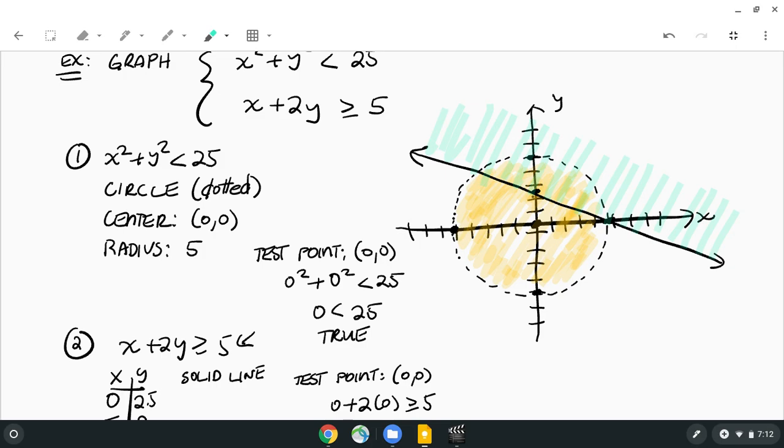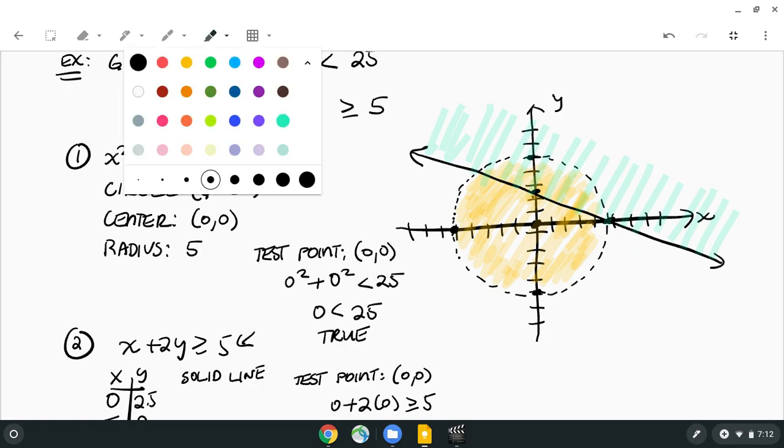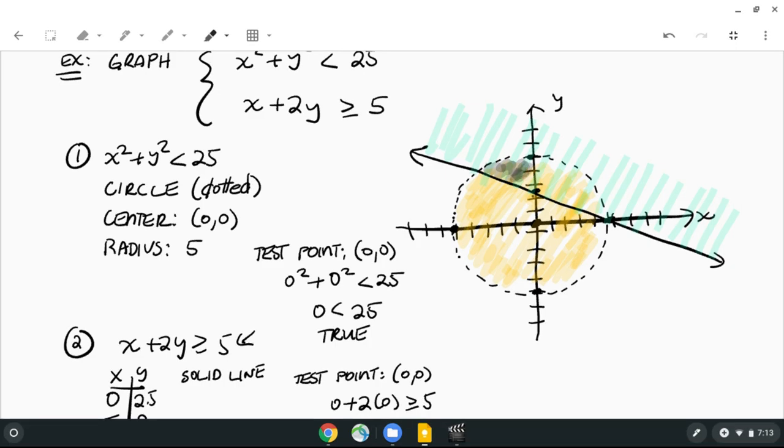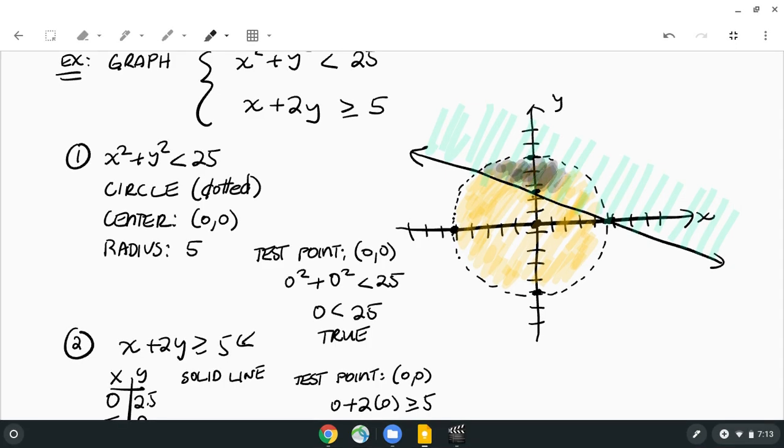But the solution to the system is where the shaded areas overlap, where they have common solutions. Here I can see that where they have common solutions is right inside here where they overlap. So this here is my final solution.